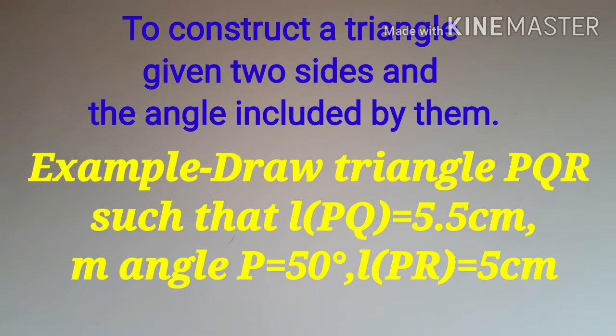So let us take one example. Today we are going to draw triangle PQR such that length PQ is 5.5 cm, measurement of angle P is equal to 50 degrees, and length PR is equal to 5 cm.